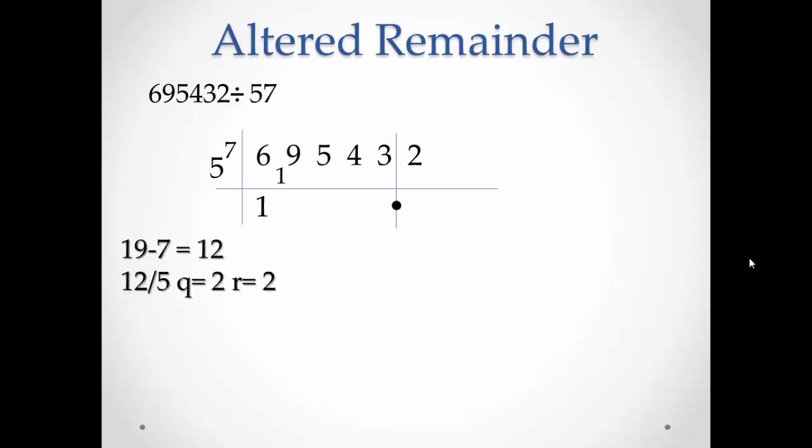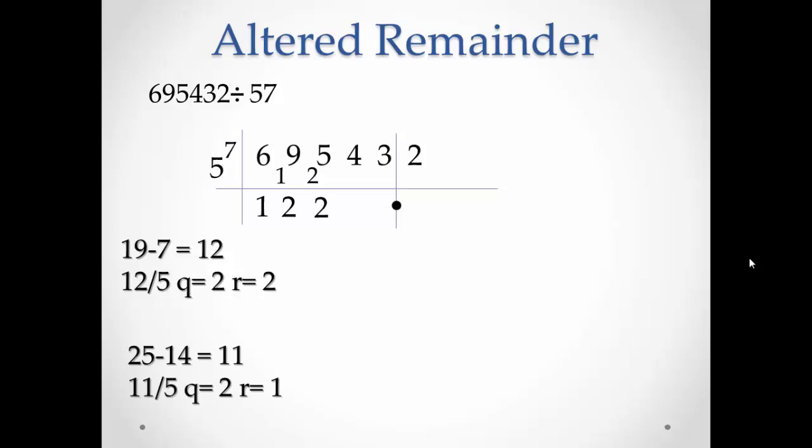Then we follow the same step: 25 minus 14, since 7 times 2 is 14, comes out to be 11, and 11 by 5 gives quotient 2 and remainder 1.